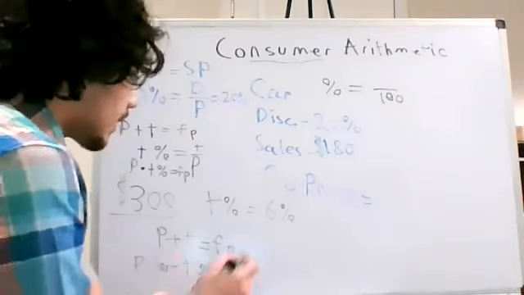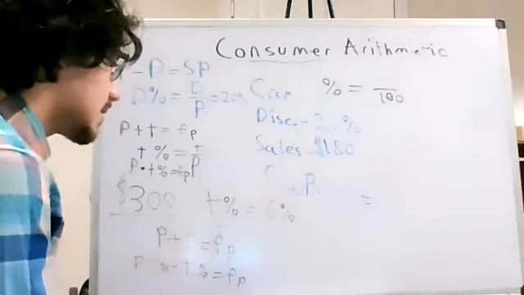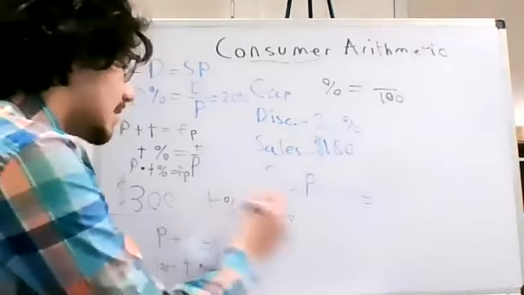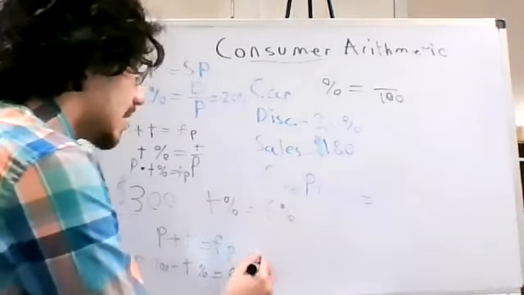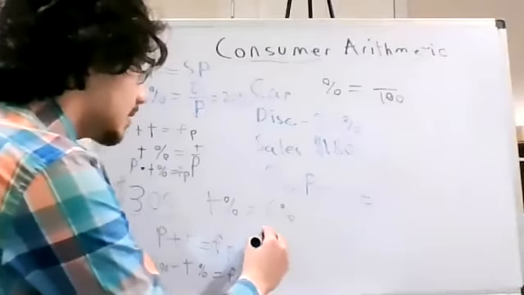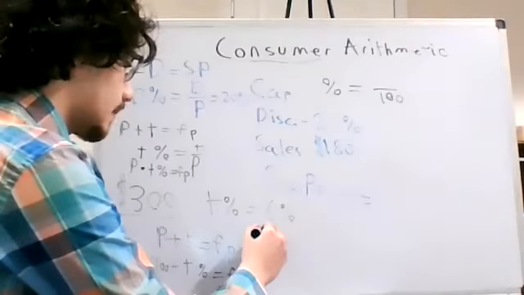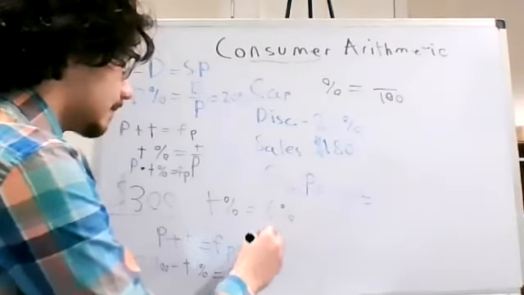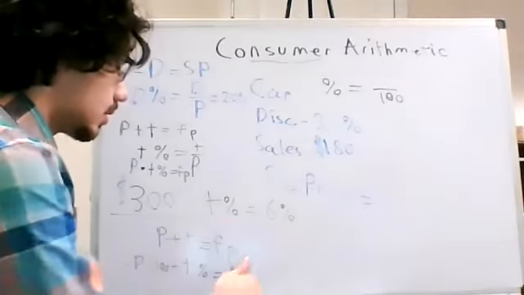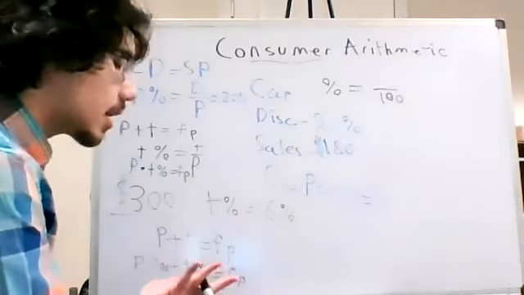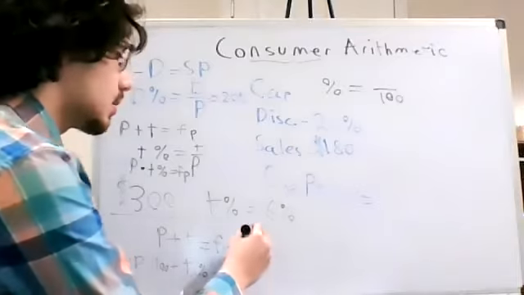Okay, so the tax percent is 6%. So if we're adding 6% to the price, then that means what is the percent that we're going to multiply to the P? So we start with 100%.